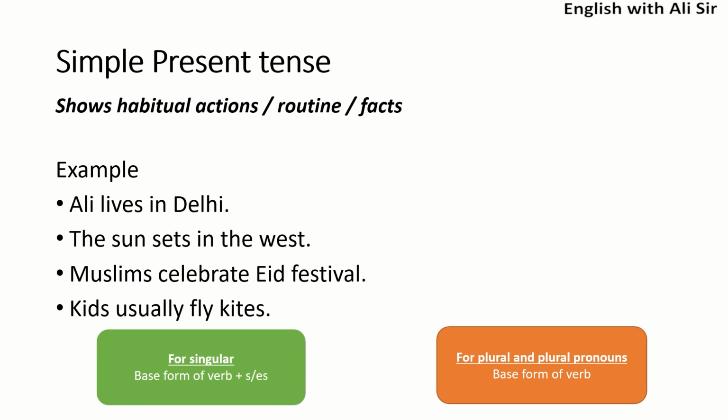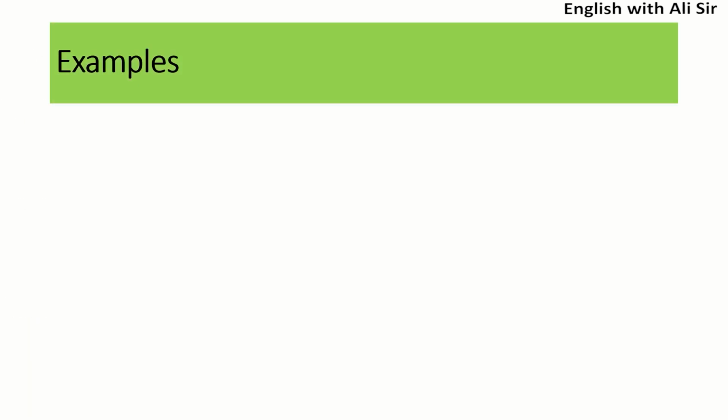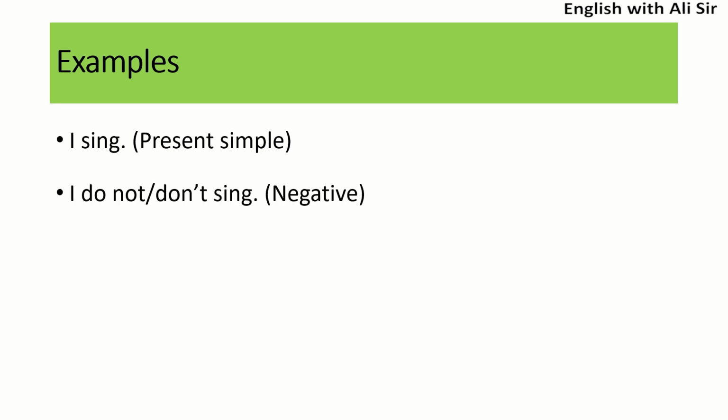So let's take a couple of examples. For example, let's go for a positive statement in present tense. So present simple would be I sing. When we convert it into a negative sentence, it would be I do not sing or I don't sing.